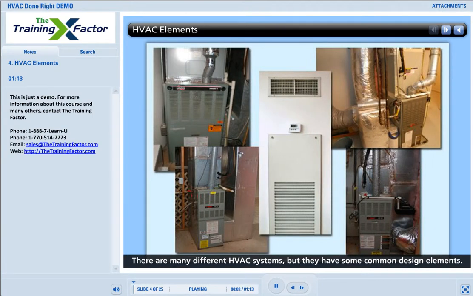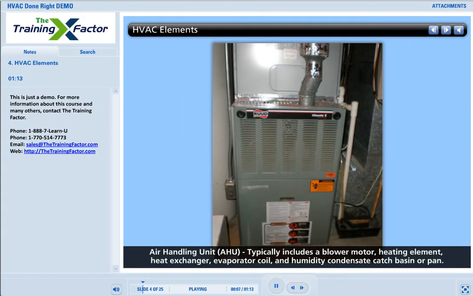There are many different HVAC systems, but they have some common design elements. Air Handling Unit, AHU, typically includes a blower motor, heating element, heat exchanger, evaporator coil, and humidity condensate catch basin or pan.